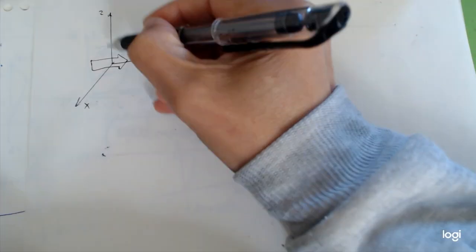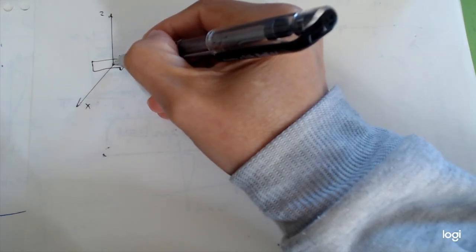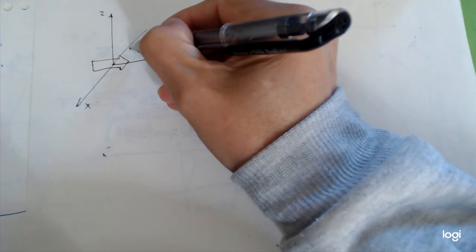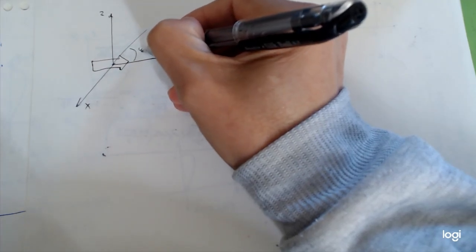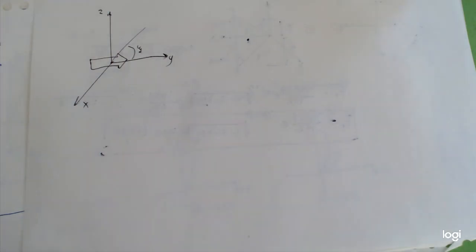So obviously, the angle that we are interested in is this angle. Let's assume this is psi. And this psi is rotatable. It's not in the YZ plane.